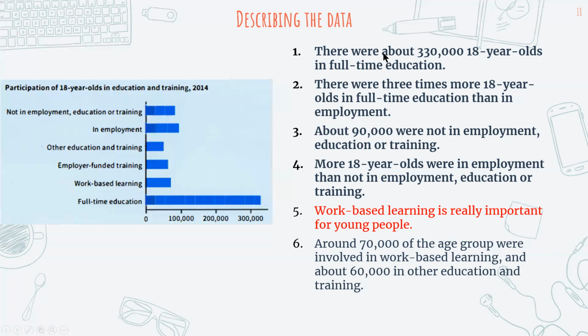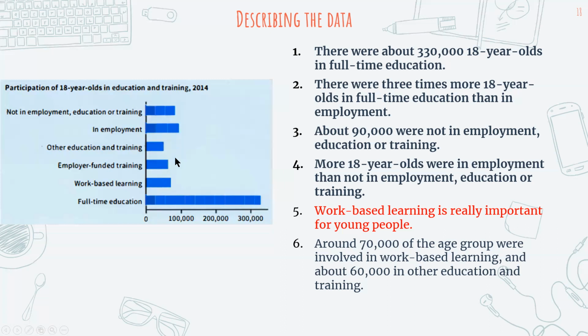There were about 330,000 18-year-olds in full-time education. This is the number, but how can you describe the data? There were 3 times more 18-year-olds in full-time education than in employment.